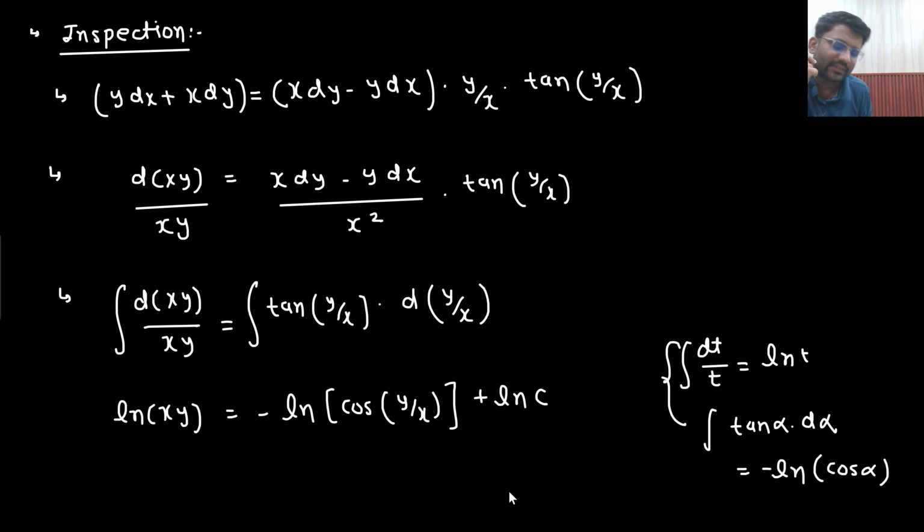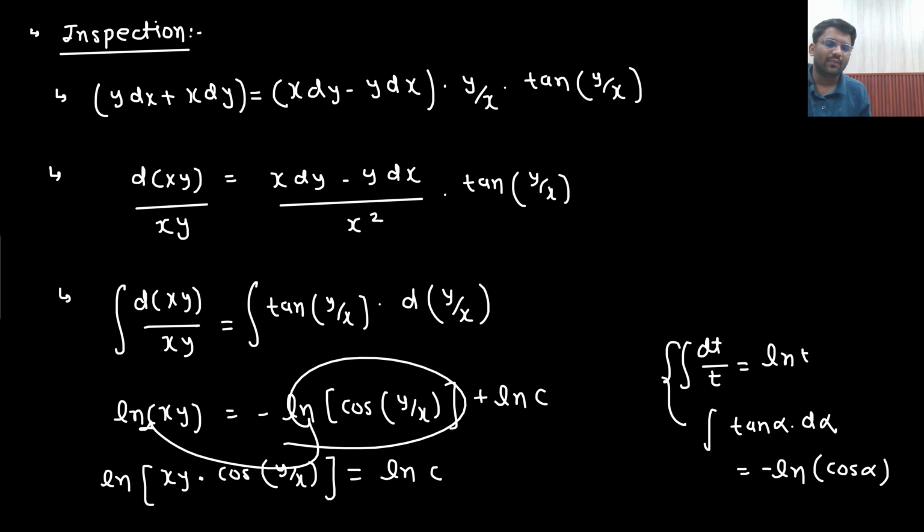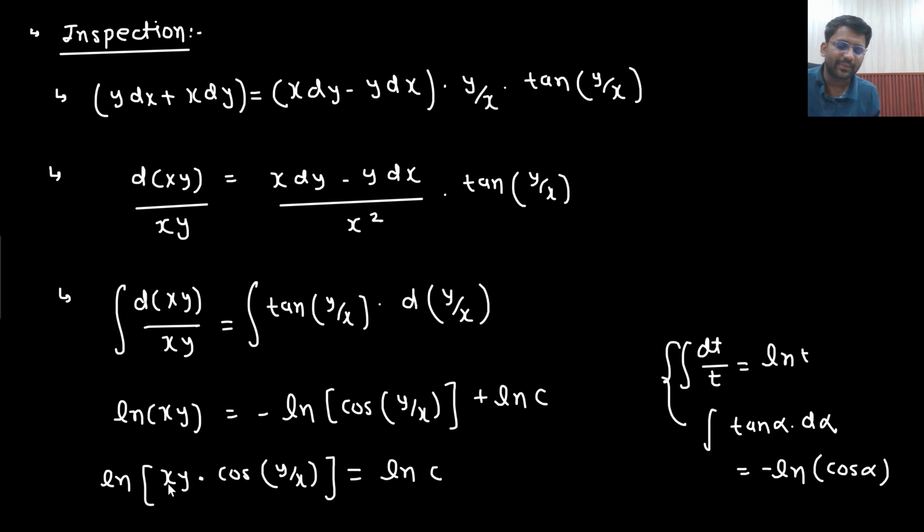Let's take this constant as ln c. Now this guy goes here. So what I will be getting? ln xy into cos of y by x equals ln c, right? If I took this aside, then what am I getting? ln a plus ln b would be ln a into b. That means xy multiplied with cos of y by x equals ln c.